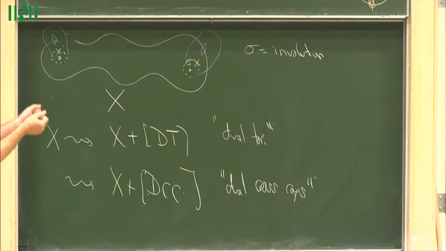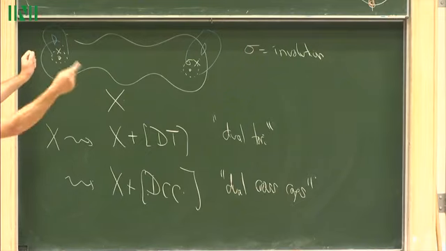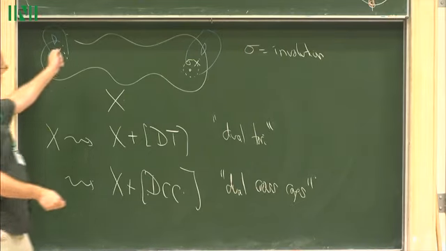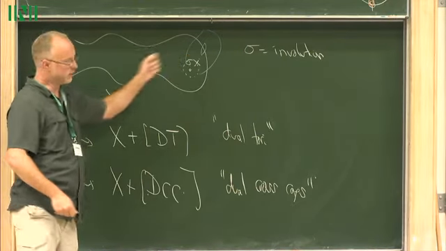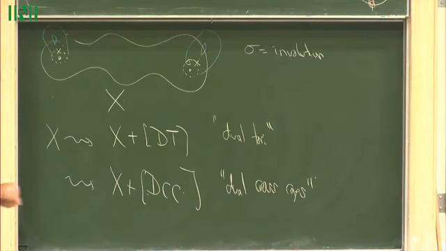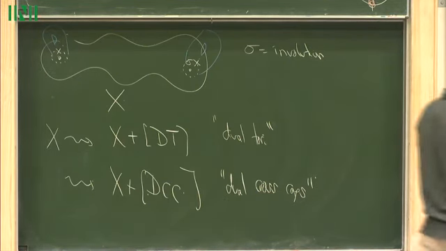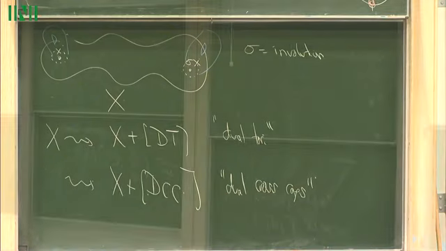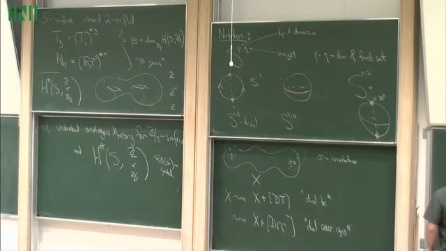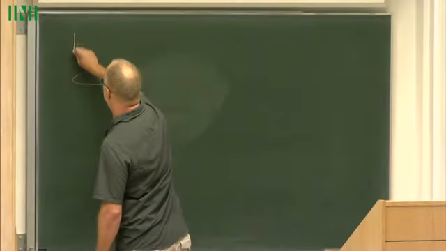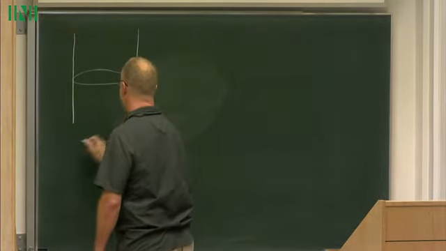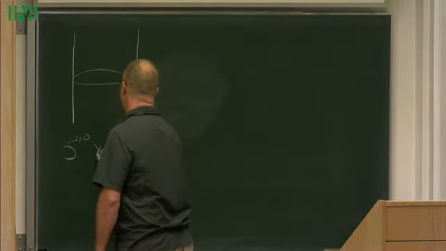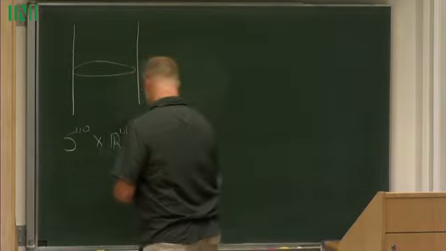Another thing you can do is take a certain tube where the Z2 action flips the two ends, and glue it in there and there. Let me draw some tubes over here. So here is S10 cross R11.